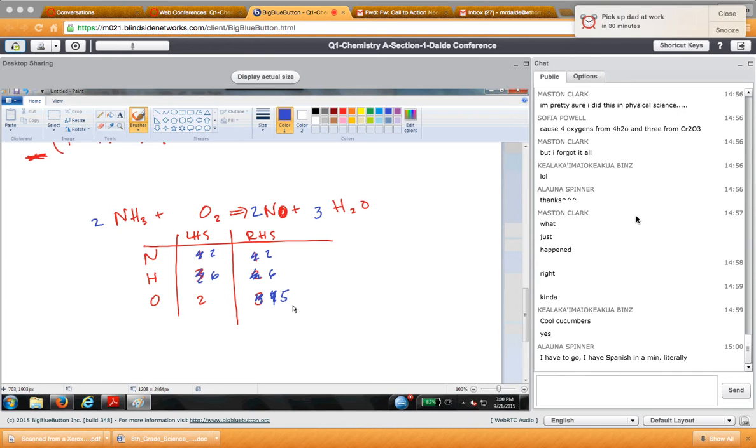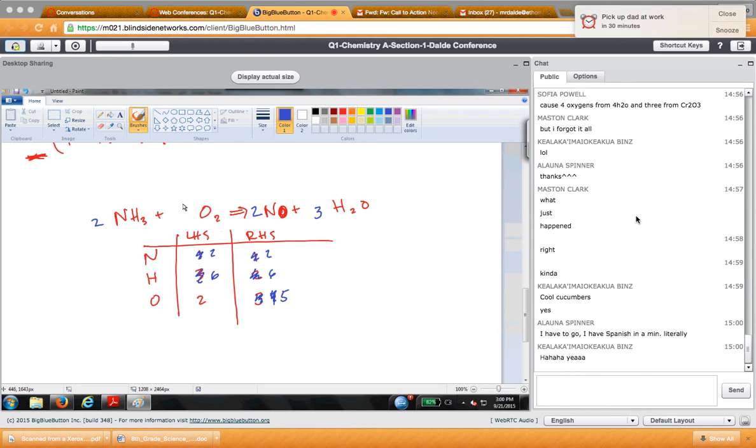Okay. I've got one more trick up my sleeve. It's hard for me to teach this to you without teaching you the tricks that I've learned. The trick is, I don't like multiplying by fractions, but I'm going to multiply this one by 5 halves.